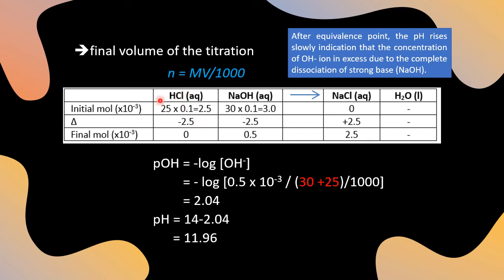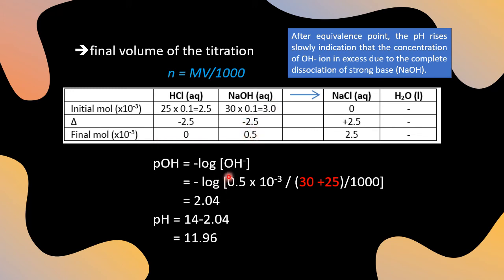In this case, hydrochloric acid is 100% reacted with sodium hydroxide, which is 2.5 times 10 to the power of negative 3 mole. But for this case, there is an excess number of mole of sodium hydroxide. So it's 3 minus 2.5, which equals 0.5 times 10 to the power of negative 3.